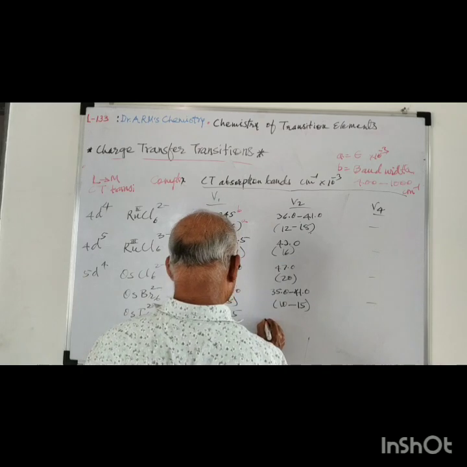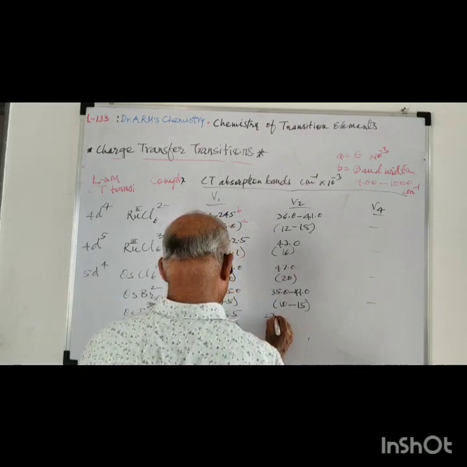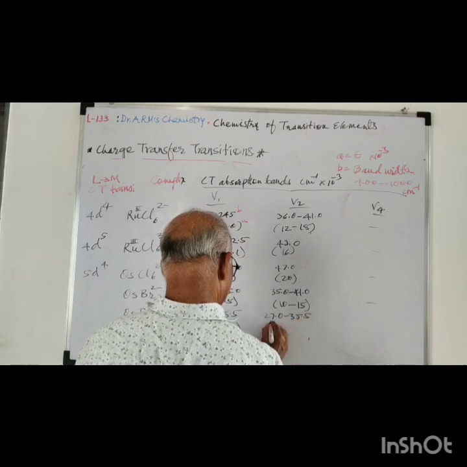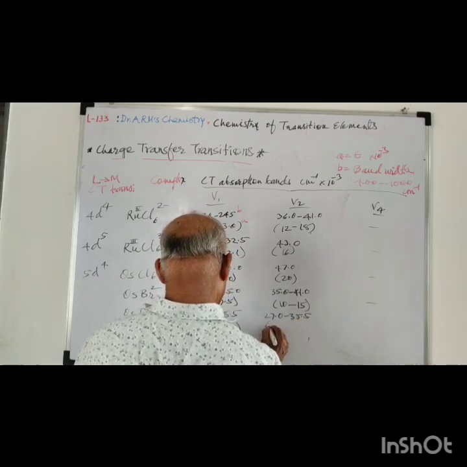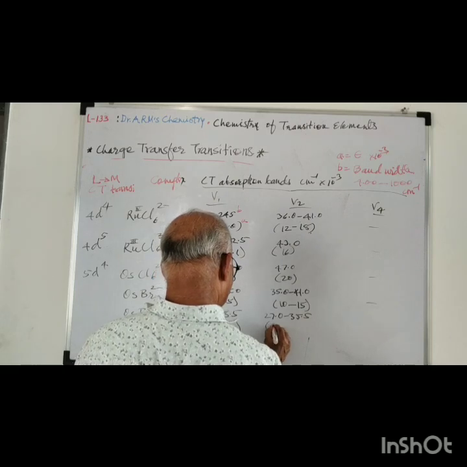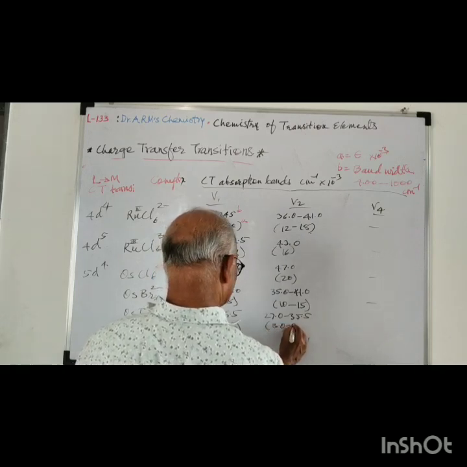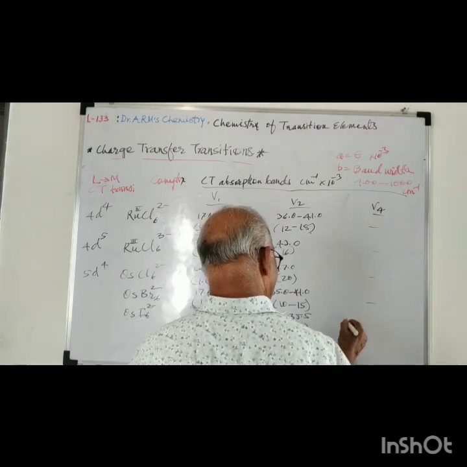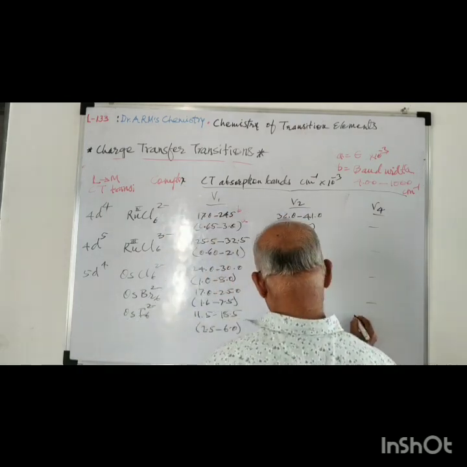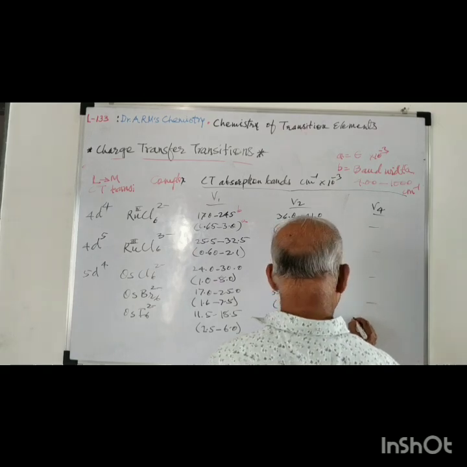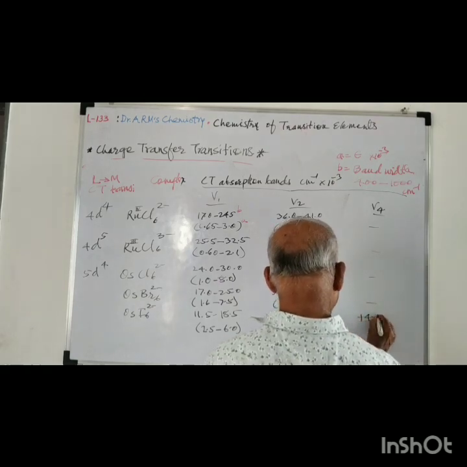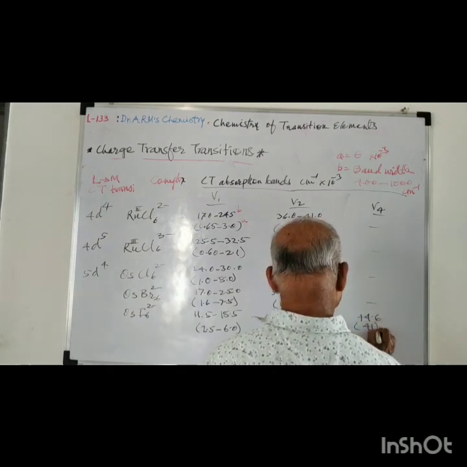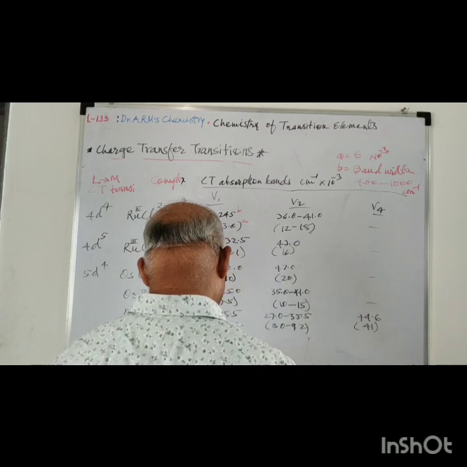We are having here the values 27.0 to 35.5 and 8.0 to 9.2. Then here we are having the V4 value, that is 44.6 and 41 for V4 case.